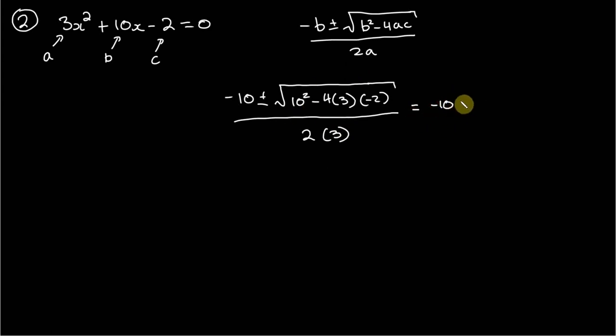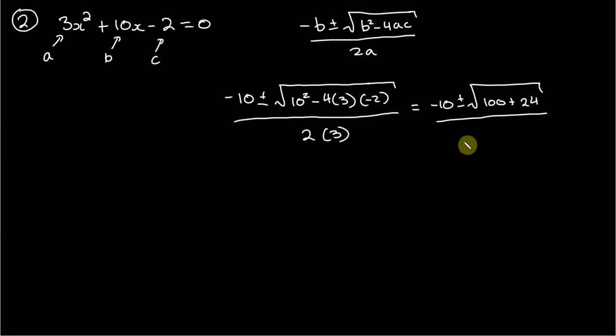That's going to be negative 10 plus minus the root. Well, 10 squared is 100, and negative 4 times 3 is negative 12, and if you multiply that again by negative 2, you end up with plus 24.